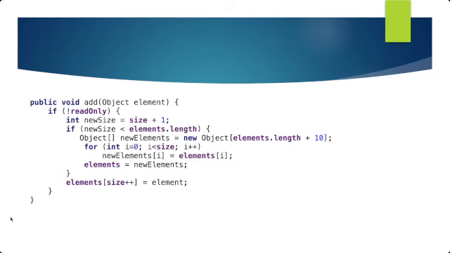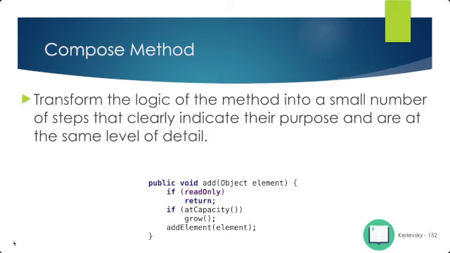The first example of the code is not long, I understand. It's just a little example where we have some code which is hard to understand. And we can change this situation, we can make it more understandable with a special refactoring method, which we call compose method.